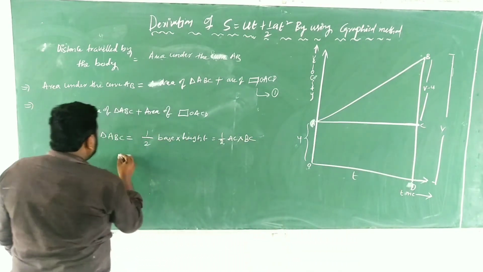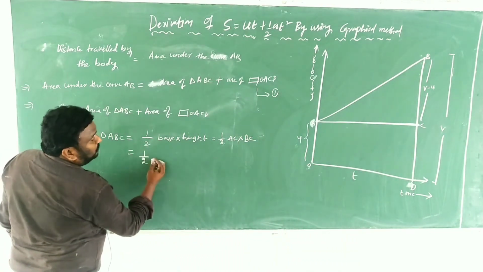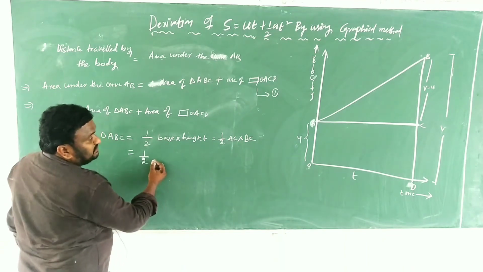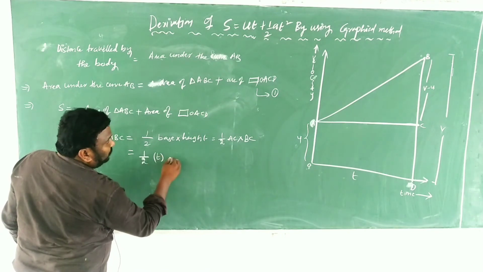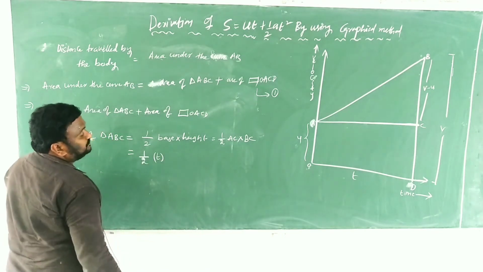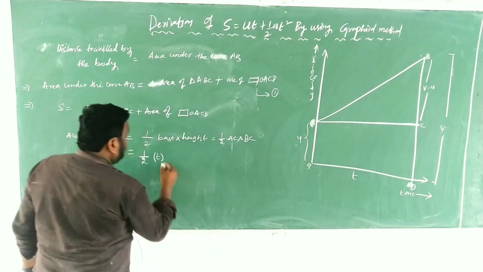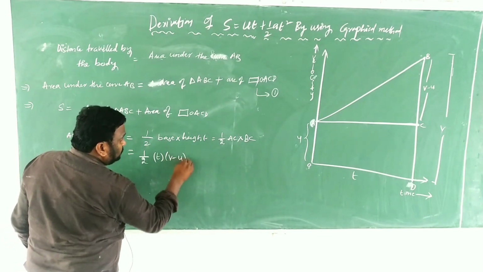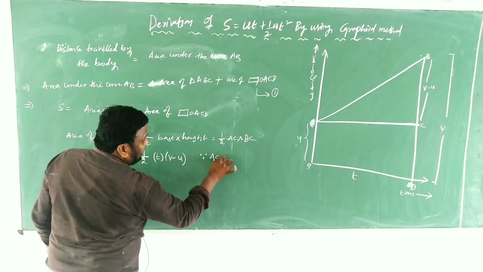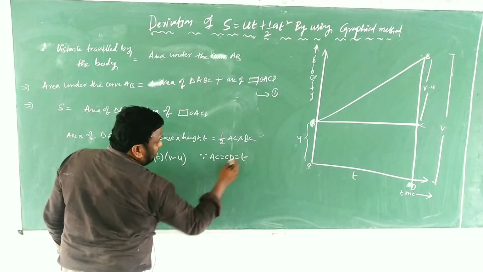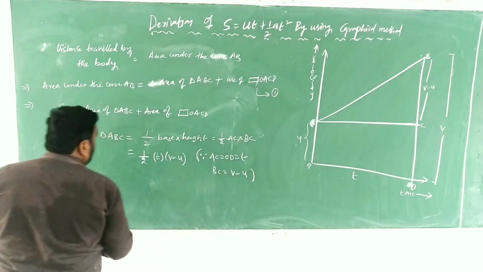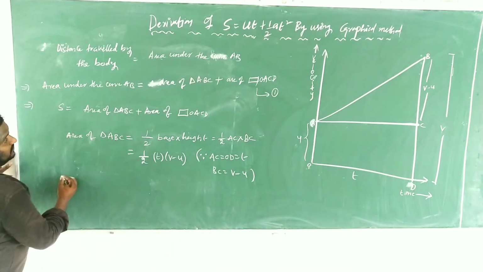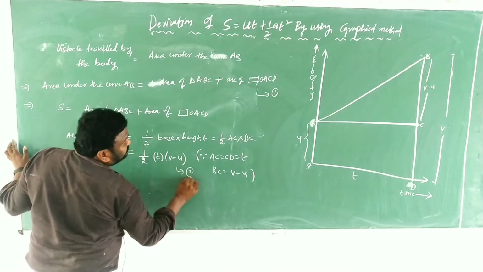Clear? Then we write half into AC. AC means OD, that means T, into height, V minus U, into T. Since AC is equal to OD, that is equal to T, and BC is equal to V minus U. So this is equation number 2.